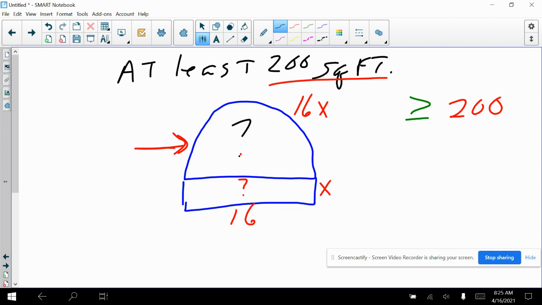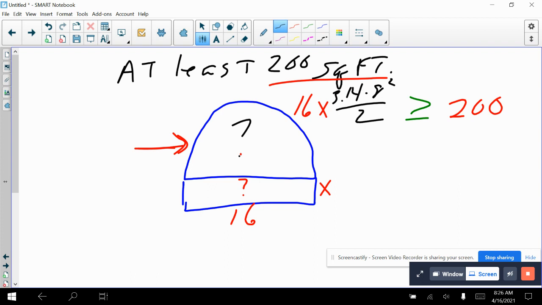So the math should look like this. You should have 3.14 times 8 squared divided by 2. Might want to write this stuff down. I'll do the math for you, but what do you think the most common mistake there is? The most common boo-boo? You forget to divide by 2. That is correct. It's a semicircle. Remember, there's no formula for that. Everybody knows if you're going to take half of something, you divide it by 2.